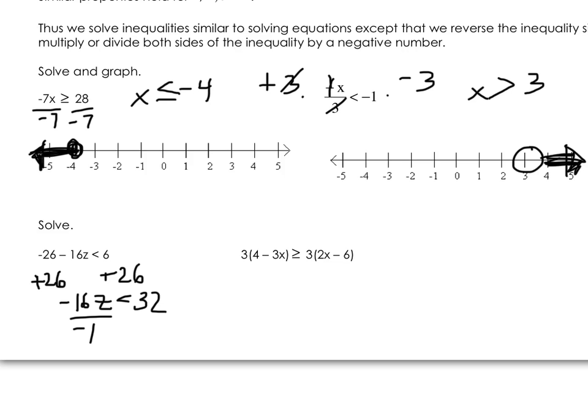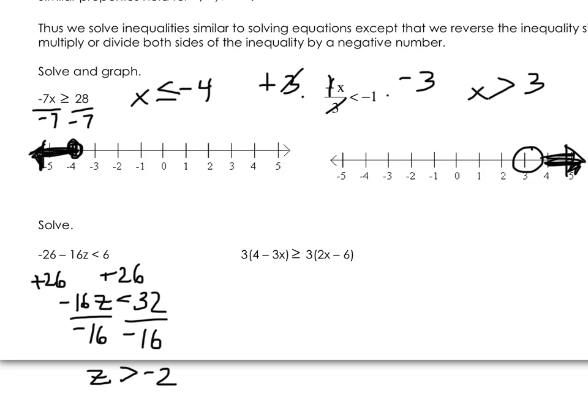And now we're going to divide by negative 16. Ding, ding, ding. My bell rings and I think, wait a minute, I just divided by a negative. That means I have to reverse the direction of the inequality. So my solution is z is less than negative 2.